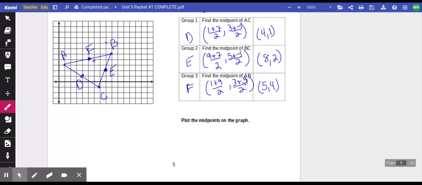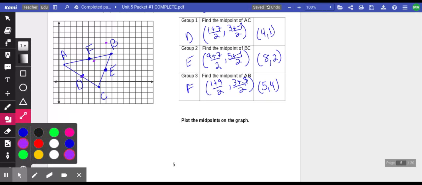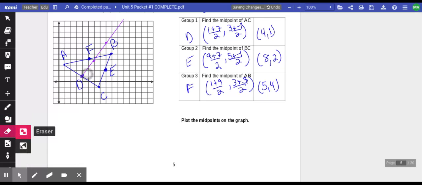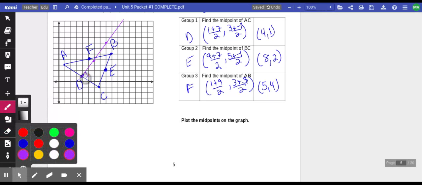And that is going to give me this purple line here. And that line is the perpendicular bisector of AC. Notice the perpendicular bisector does not necessarily always go through the vertex across.